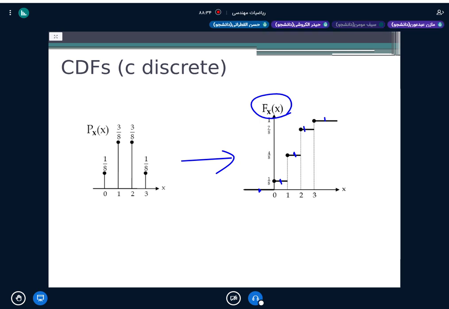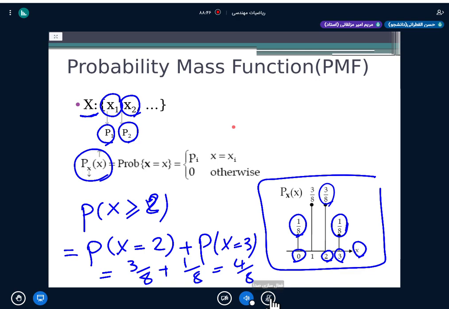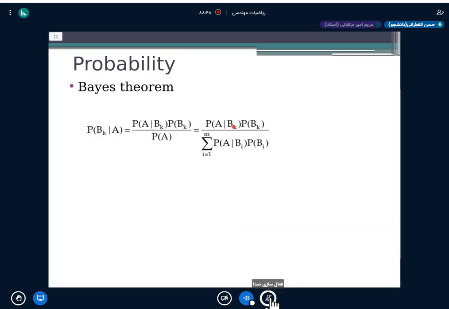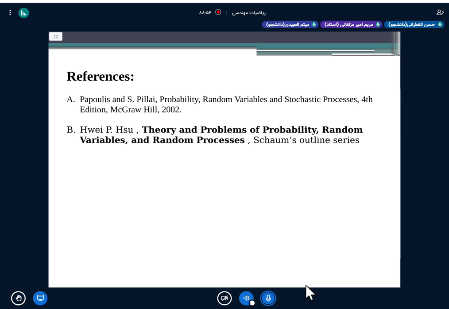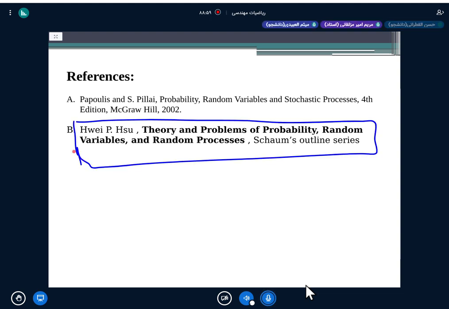For more examples, you can use this reference. Doctor, do you hear me, please? Yes. On this slide, please, which book do we depend on?